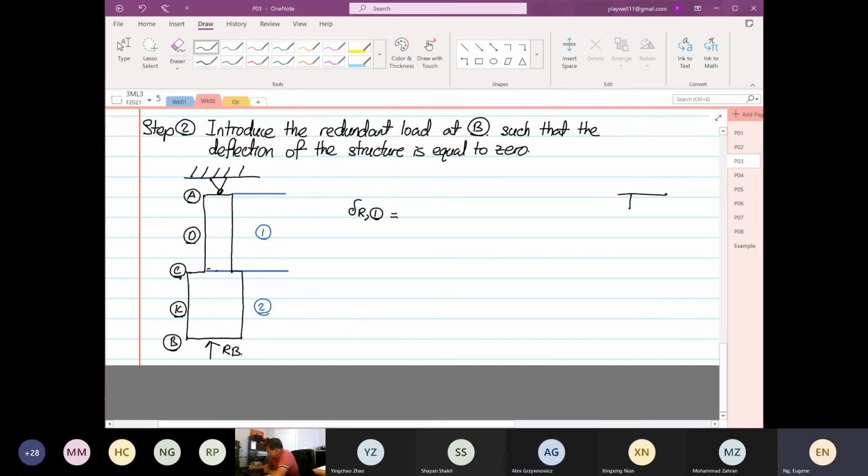So now, if you are hanging over here, and I'm going to divide you into 1 and 2. If at your feet I push up RB, you're going to feel RB in your hands, at your elbow.